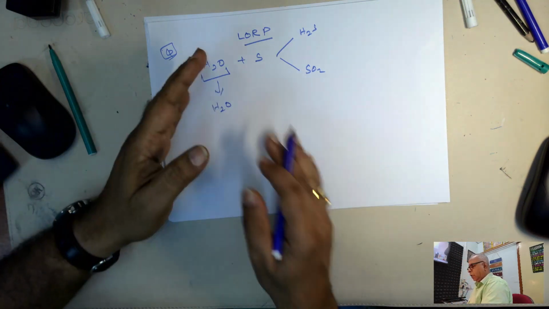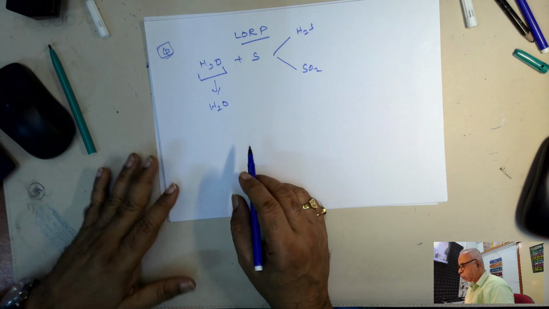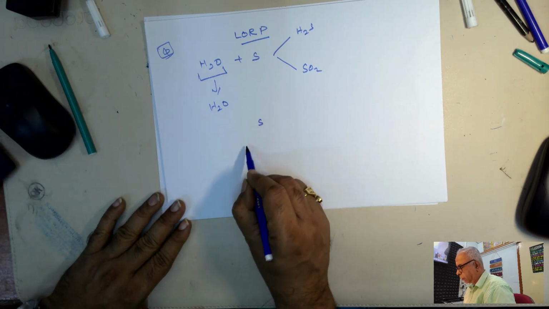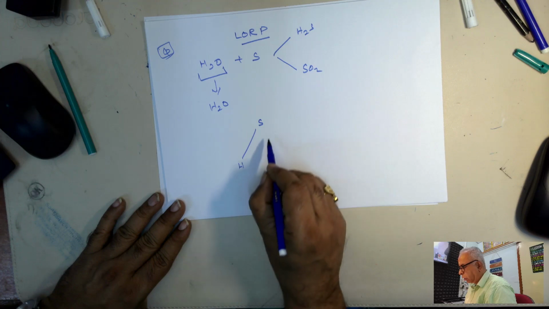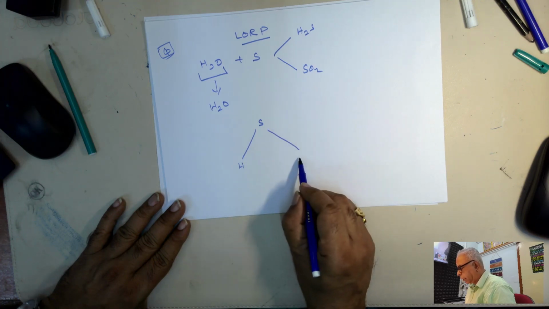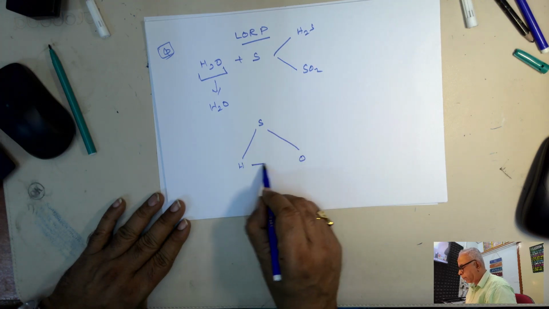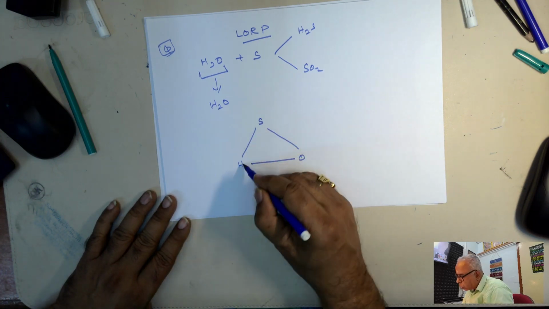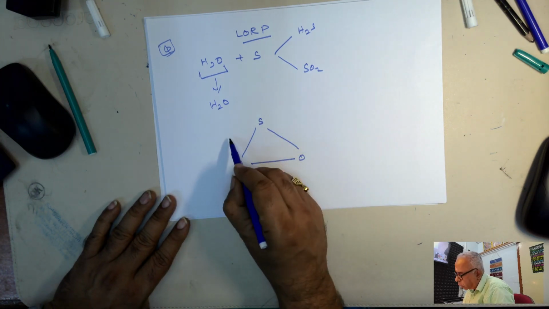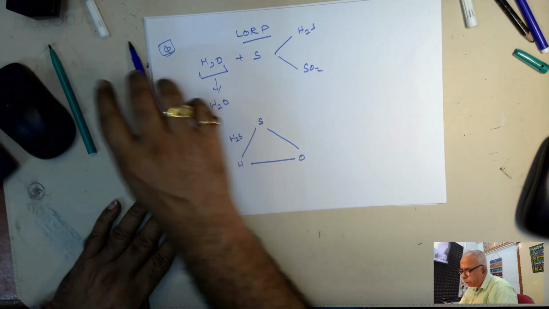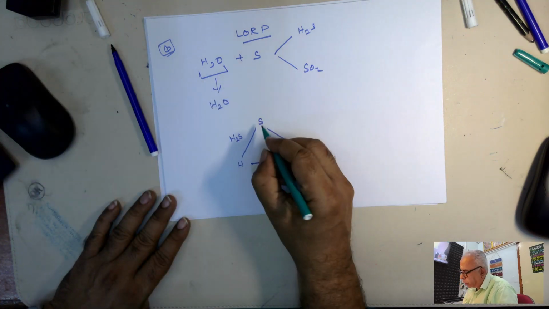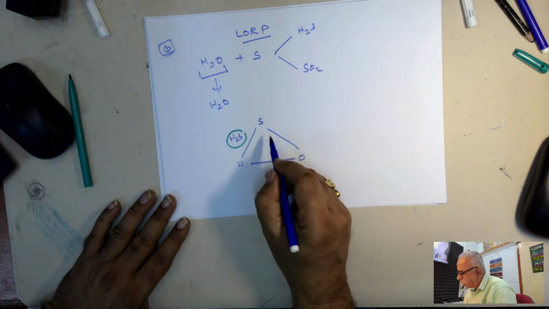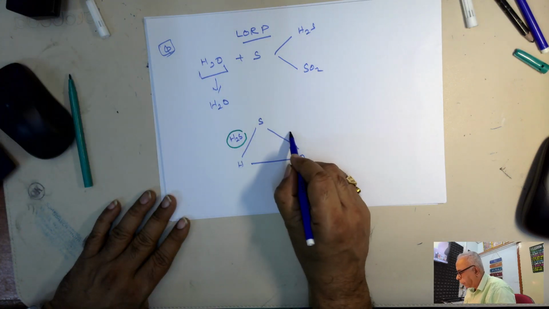Okay, do you understand? Let me put a schematic diagram so that it is useful to explain. So here, let me put sulfur here, and we have the two elements A and B. In this case, hydrogen and oxygen, right? Draw this. Now these two can combine to form H2S. Got it? These two can combine to form sulfur dioxide.